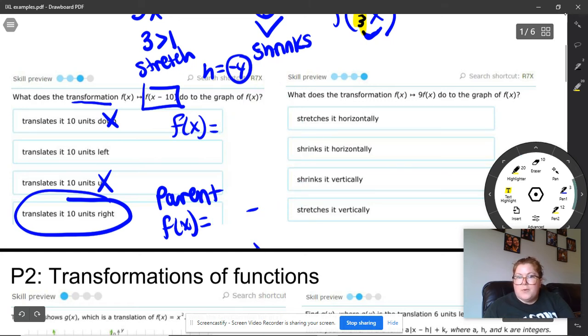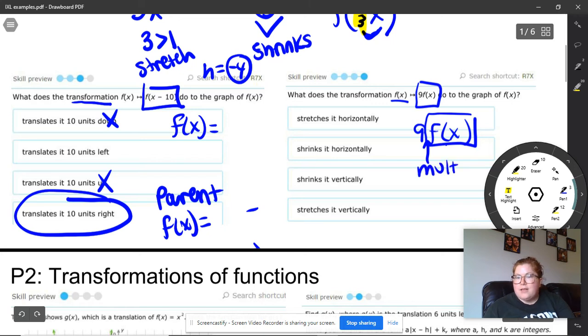The last one, we have: what is the transformation of f of x when it changes to 9 f of x? So 9 f of x. Remember, whenever there's a coefficient or a number attached to a variable or a function, I have to remember that we're multiplying.